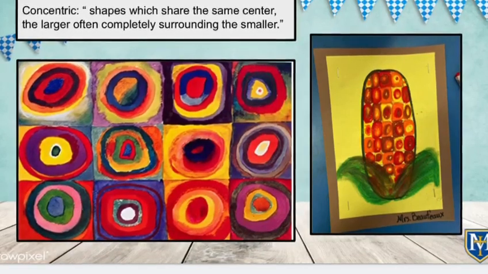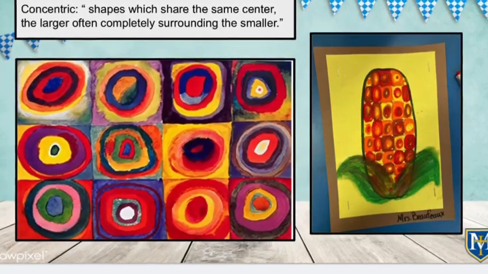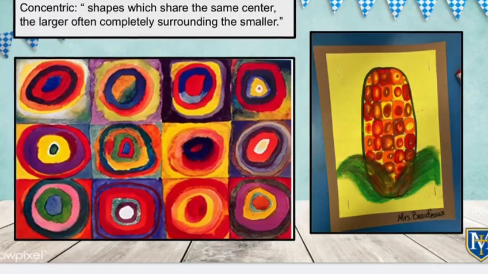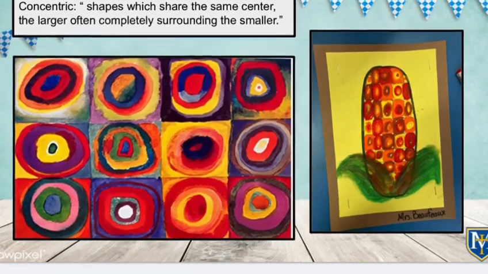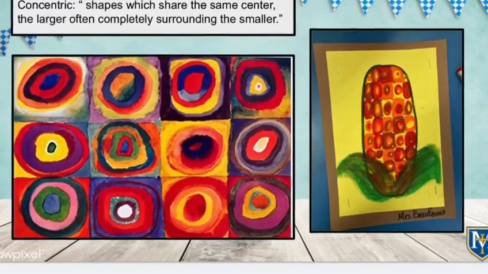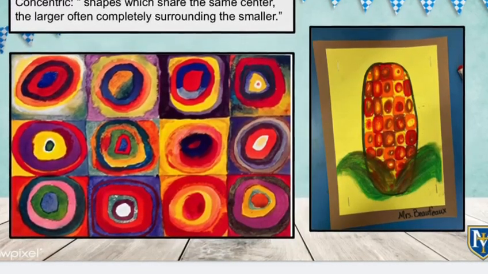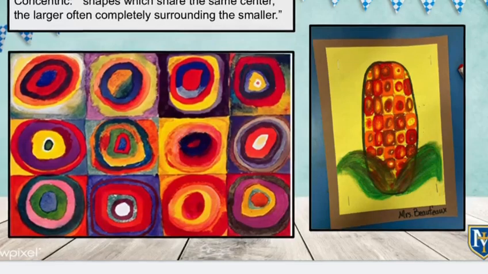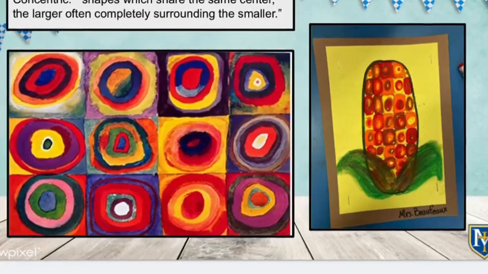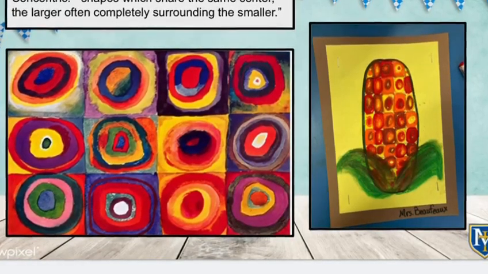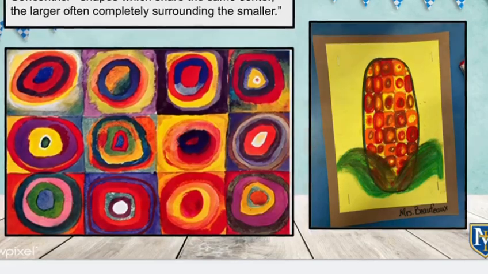One of these aspects is the fact that both contain concentric shapes, mainly circles. Circles that share the same center with larger going out. It almost looks like a ripple if you were to throw a pebble into a pond of water. Little on the inside, medium, and then large.